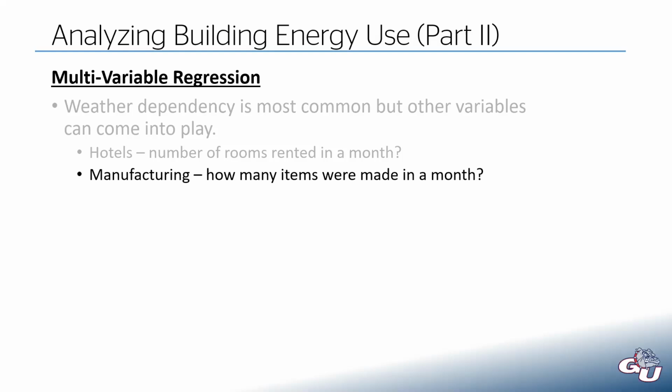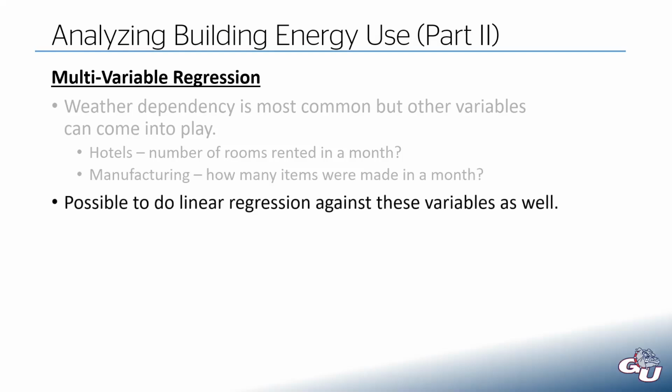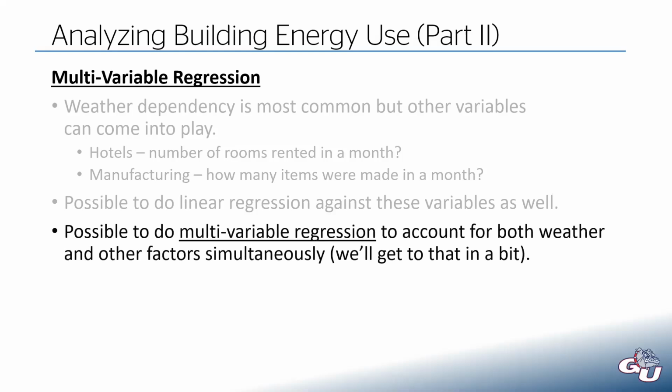And again, weather can still impact that use, but now you have this other variable that gets thrown into the mix. And so that's how we arrive at what we call multi-variable regression. This is still a regression analysis, but what this will do is allow us to account for weather and any other factors simultaneously.